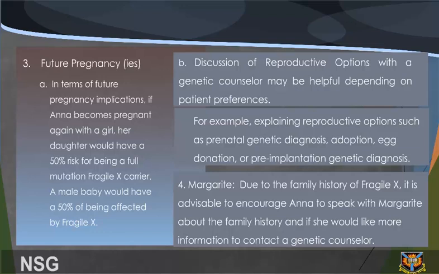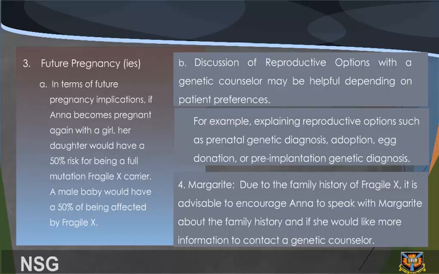3. Future pregnancies. A. In terms of future pregnancy implications, if Hannah becomes pregnant again with a girl, her daughter would have a 50% risk for being a full mutation fragile X carrier.